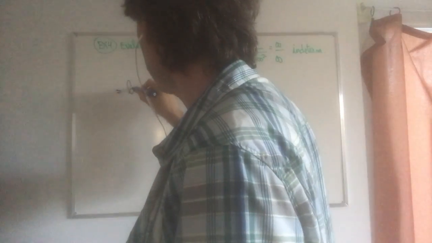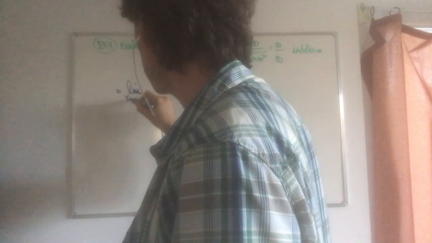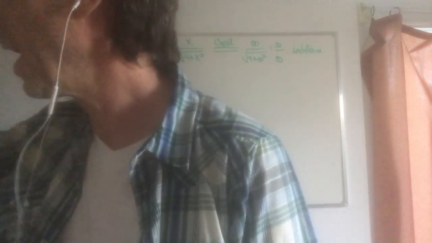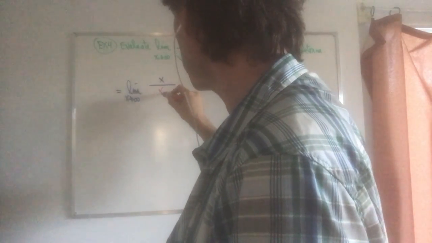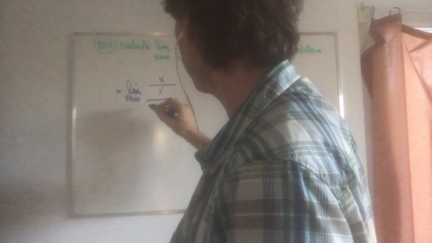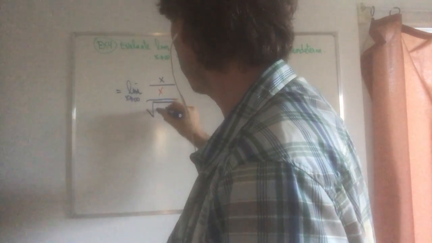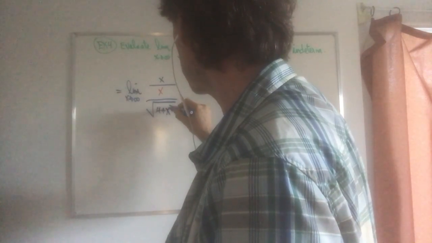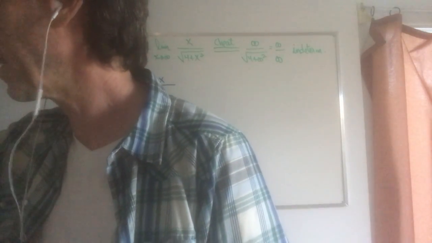So this is the limit as x goes to infinity of x over x, divided by the root of 4 plus x squared, also divided by x.